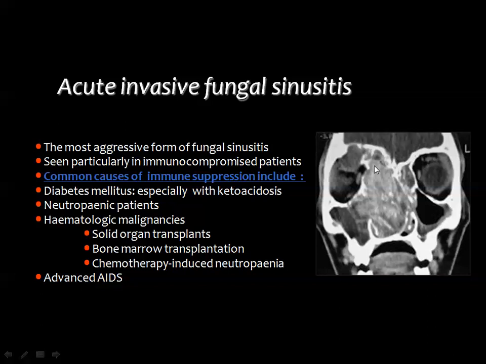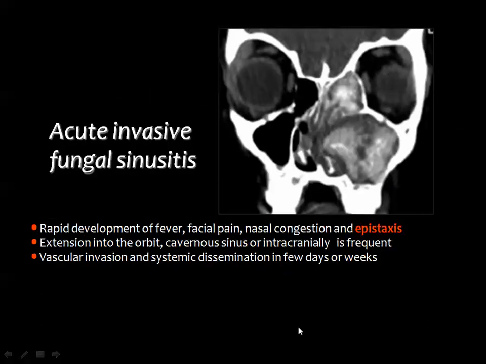They contain hyperdense material, and there is some encroachment on the frontal sinus and on the maxillary sinus as well. These hyperdensities are highly suggestive of the presence of fungus, and the presence of destructive changes in the adjacent bony margins is suggestive of the invasive type of fungal sinusitis.